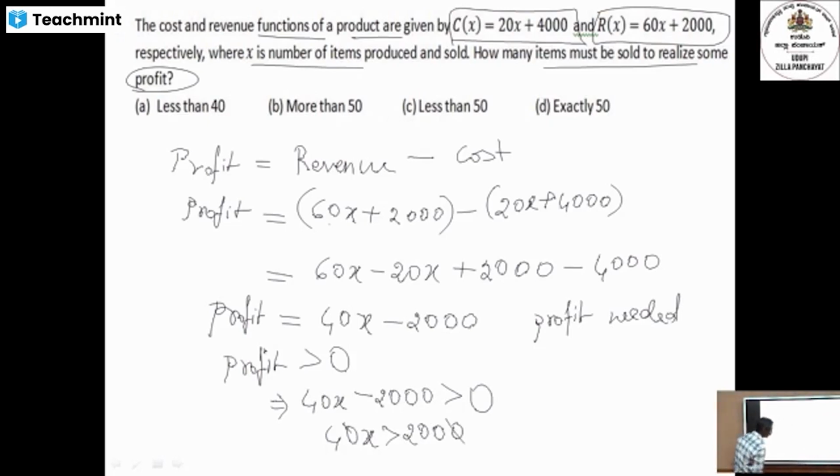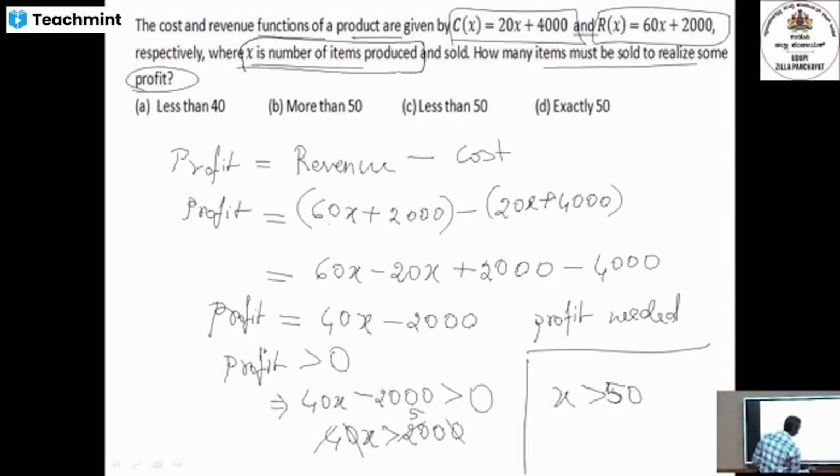So let us cancel the zeros, and 4 fives are 20. So you will be getting x greater than 50 in this case. So what is x? x is the number of items produced. So how many items should be produced? The number of items should be greater than 50.